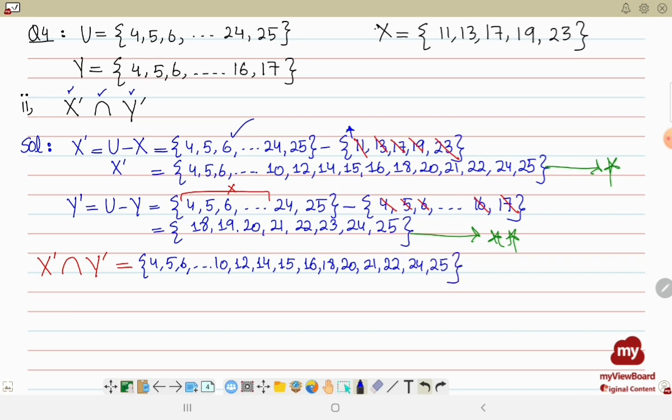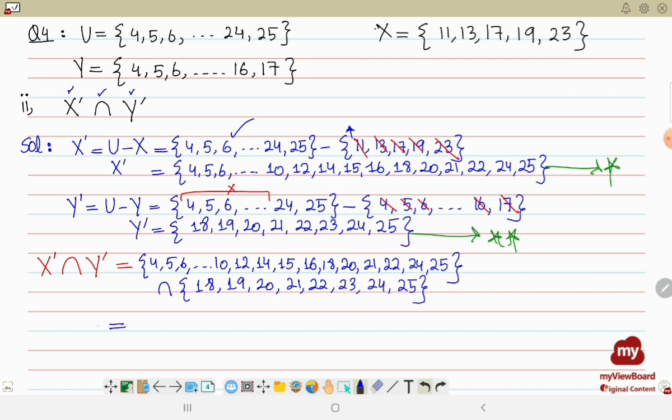Then the intersection with y complement, जो y complement find किया है, this one. So 18, 19, 20, 21, 22, 23, 24 and 25.